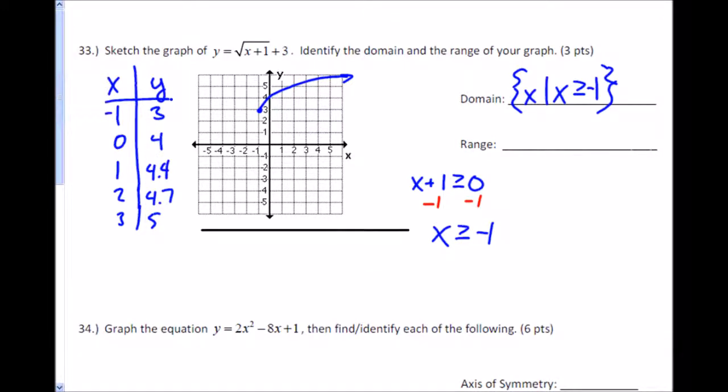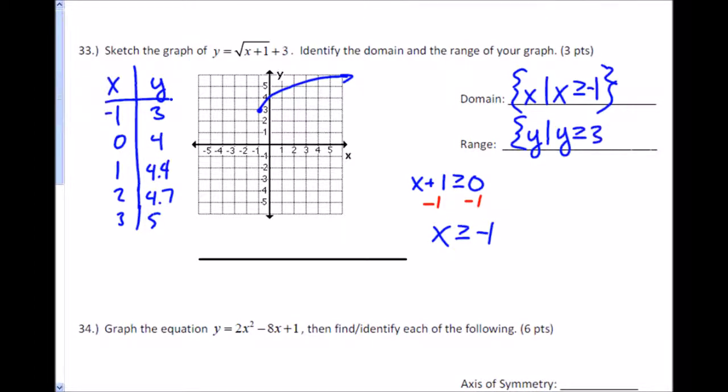So now I'm going to take my horizontal line and run it up and down. Notice it's touching everywhere up here, but it's not touching down here. So in other words, my y values start at 3 and go up from there. So my range is y such that y is greater than or equal to positive 3. And that's it. That's my range.